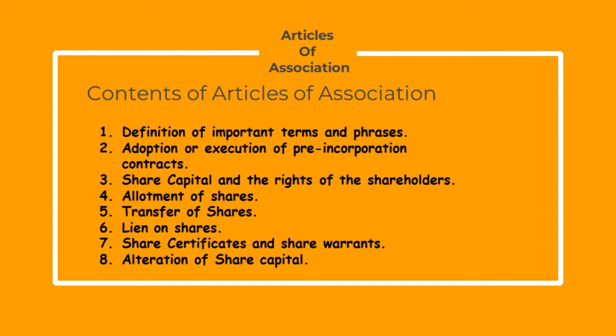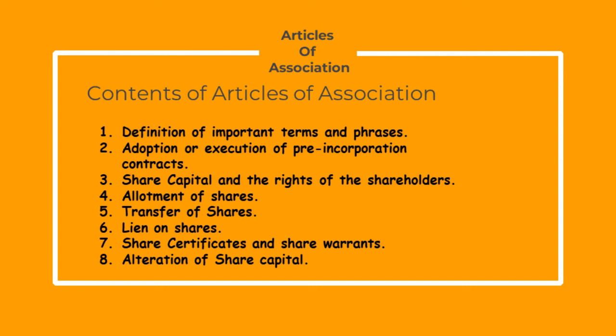Right? Next one is, alteration must not cause or operate as a breach of contract. An alteration of articles which enables the company to commit a breach of contract with a third party is not justified, and the company may be held liable to pay damages. Right?